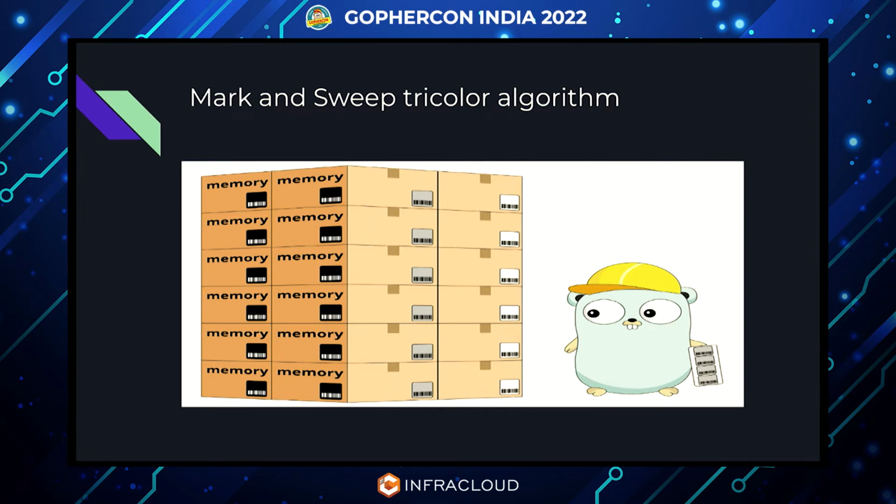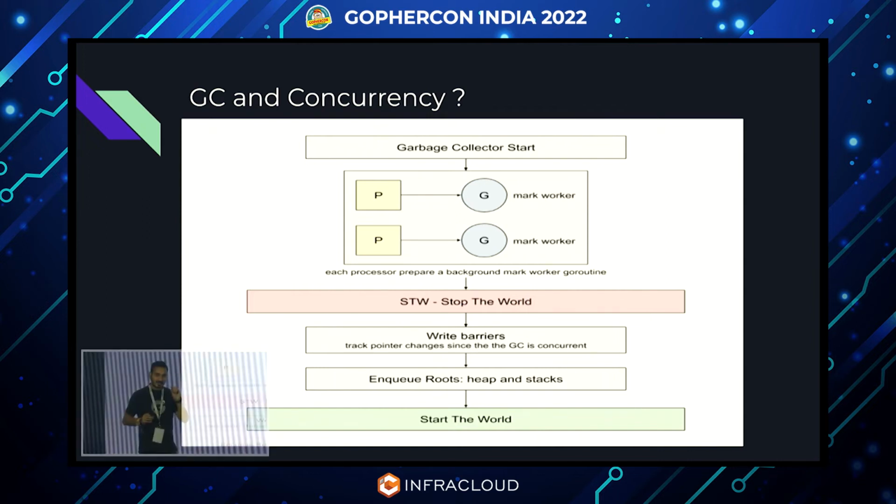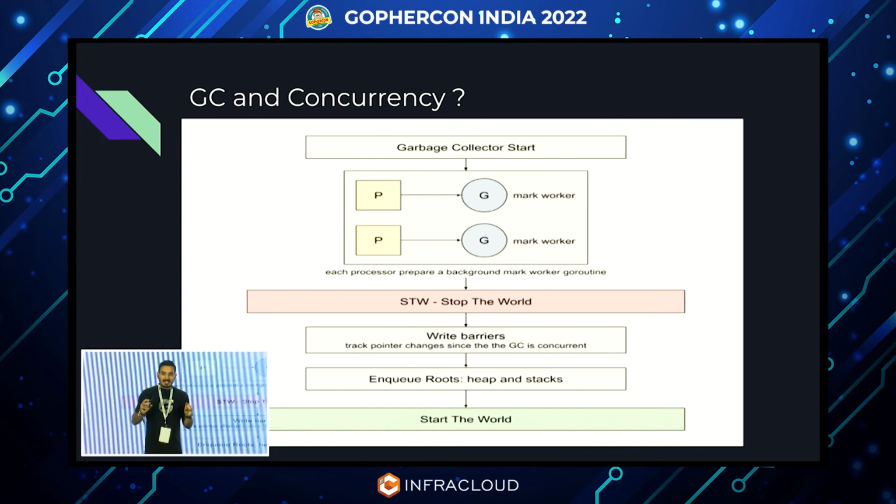Now, how does Go ensure, while it's doing the marking process, that new allocations, or any pointer which gets modified, don't get swept? Whenever the garbage collection process starts, it stops the world briefly and turns on the write barrier.